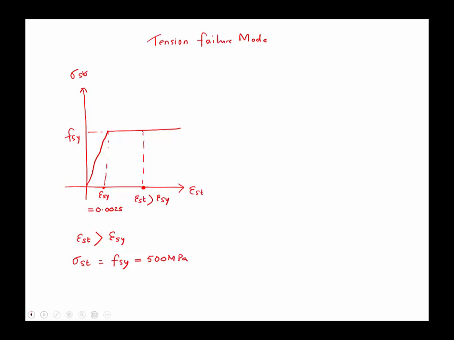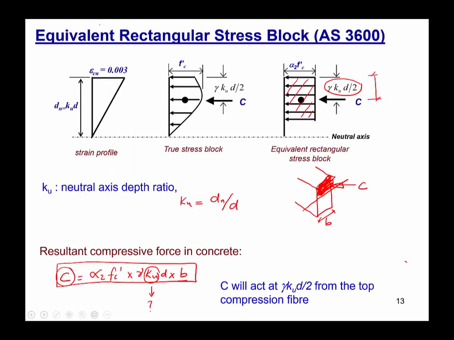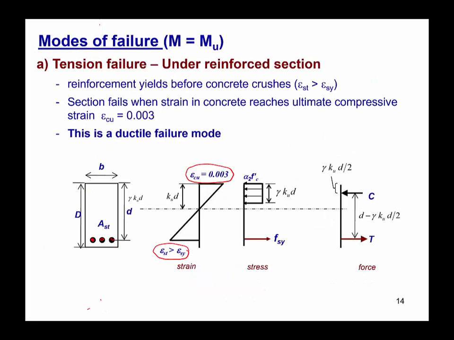So looking at this point, if we go back here, we see that when the strain in the steel is already greater than 0.0025, the stress in the steel is equal to the yield strength of the steel, that is Fsy, which is equal to 500 megapascal. And the equivalent stress block is exactly like before, and once we integrate the volume of this equivalent stress block, that will give us the total compressive force.